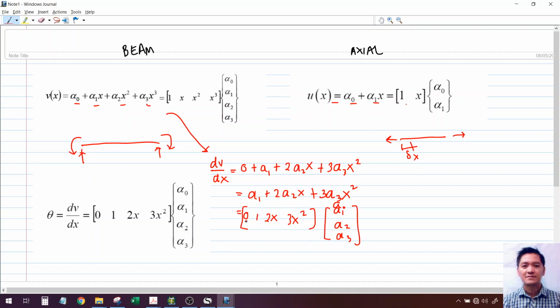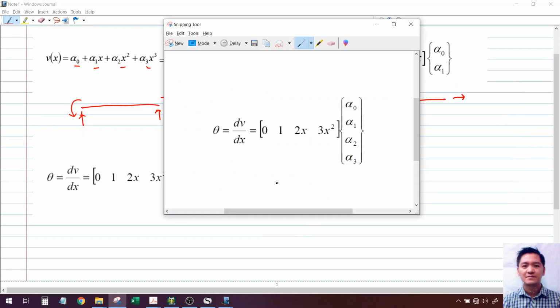See? Kasi 0 times alpha naught, 0. 1 times alpha 1 is alpha 1. 2x times alpha 2, 2 alpha 2x. And then 3x squared times alpha 3, 3 alpha 3 x squared. So consistent, no? Okay, so that is your dv dx.